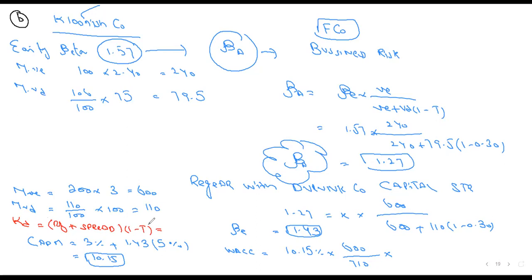So what was the risk free? 3. What was the spread? 55 basis points. Multiply by 1 minus 0.30. What is this coming? 2.49.